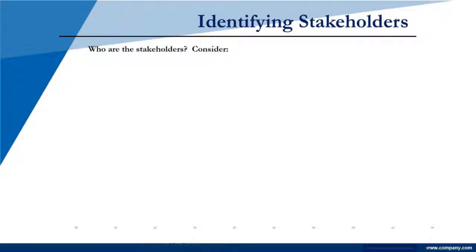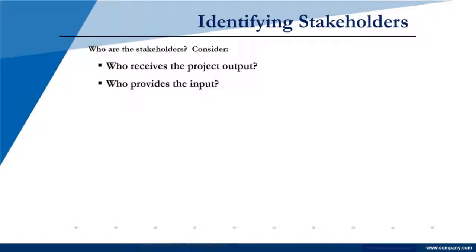So identifying stakeholders. Who are the stakeholders? Consider who receives the project output. Who's the customer? That's one parameter of figuring out the stakeholders. Who provides the input? Who do you need things from for this project to flow?